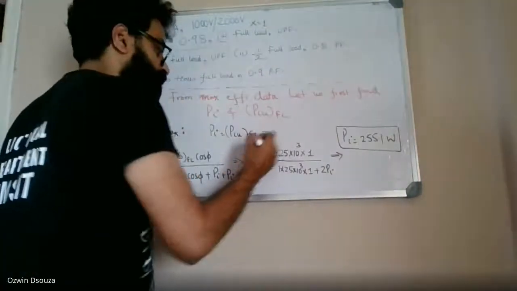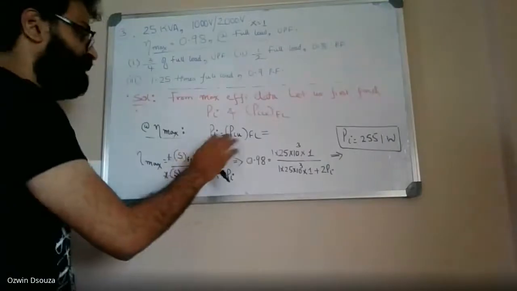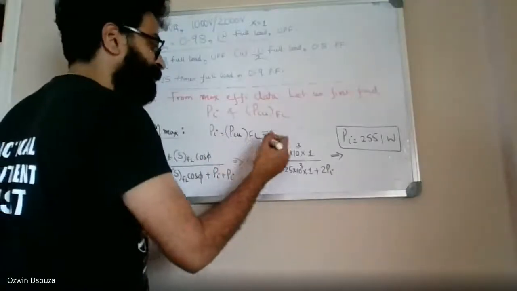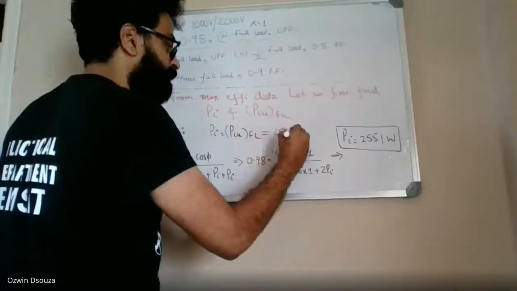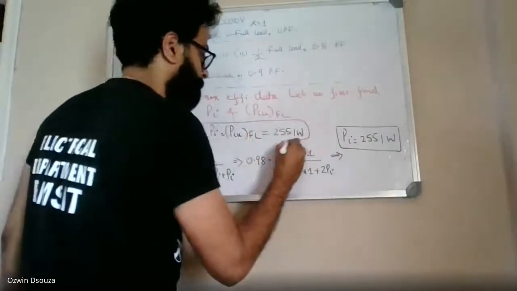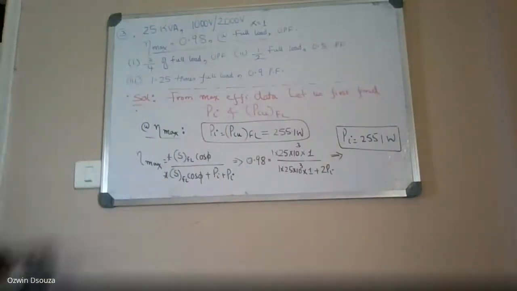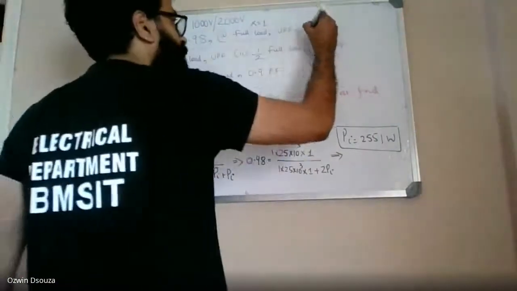So at maximum efficiency, iron loss is equal to copper loss. So Pi is equal to PC full load is equal to 255.1 watts. This is the very important data that we have found.